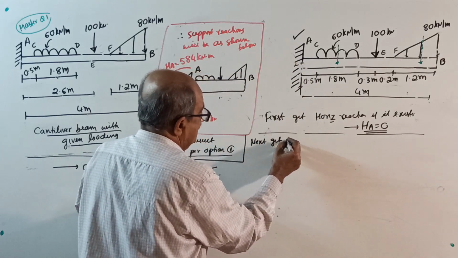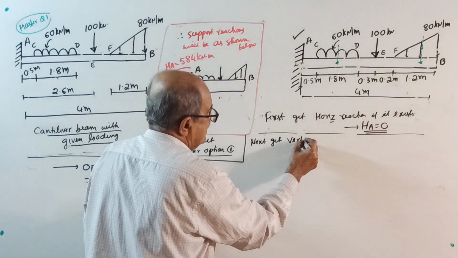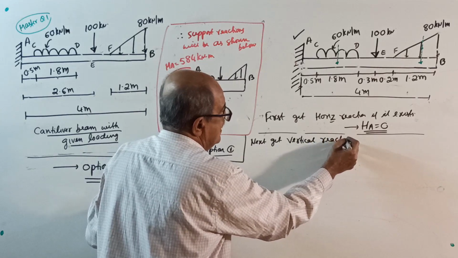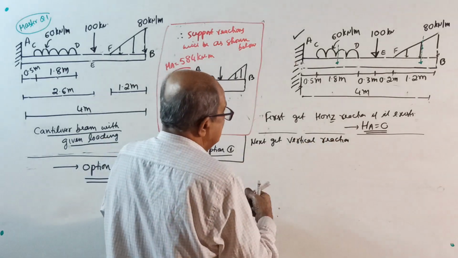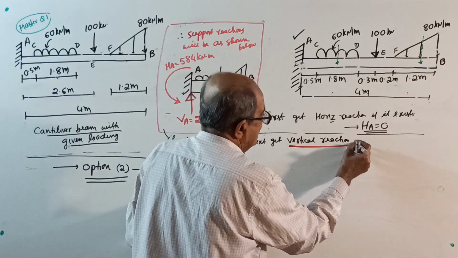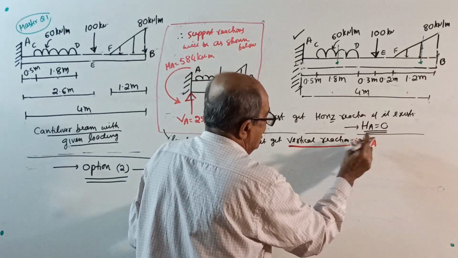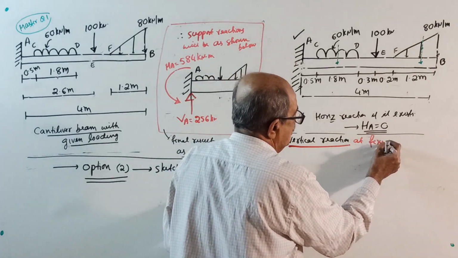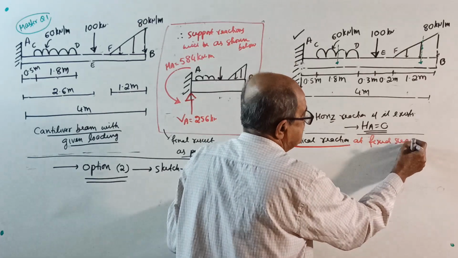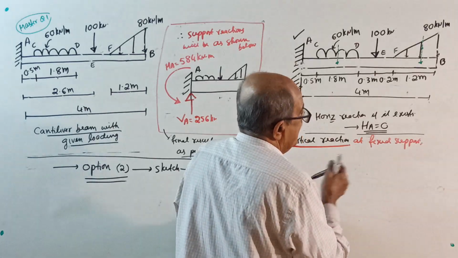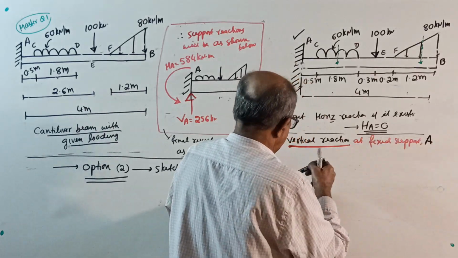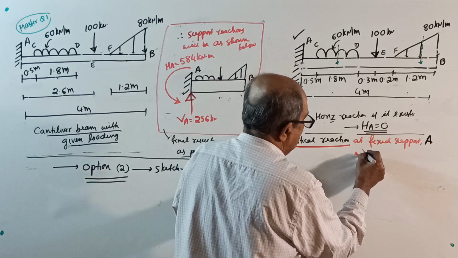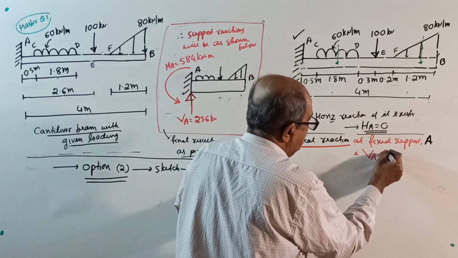Next, get the vertical reaction. Sigma V first. I'll use red color. Vertical reaction, that is VA, or vertical reaction where? At fixed support A. I told you 1000 times. We have to find the value of VA.